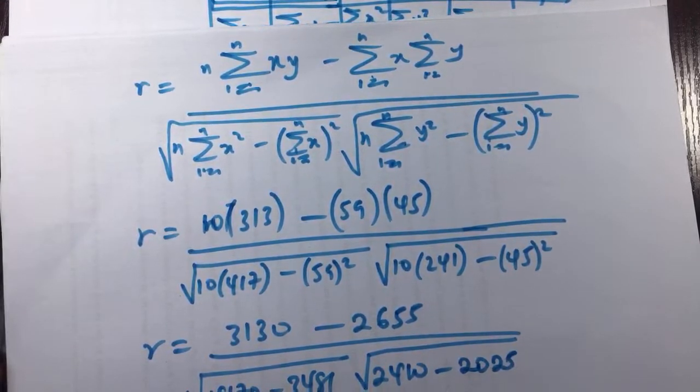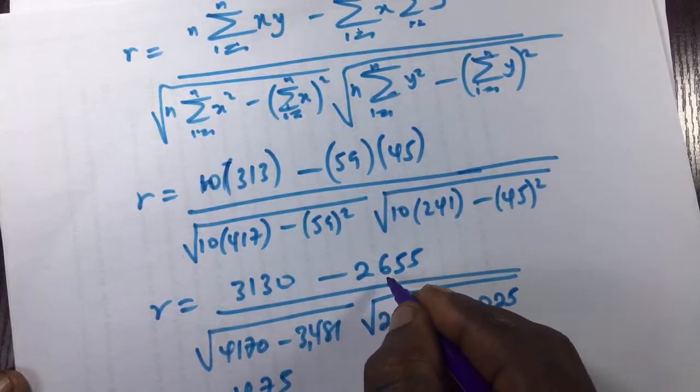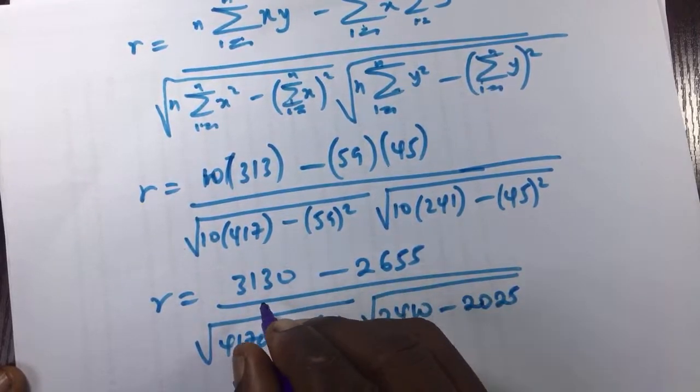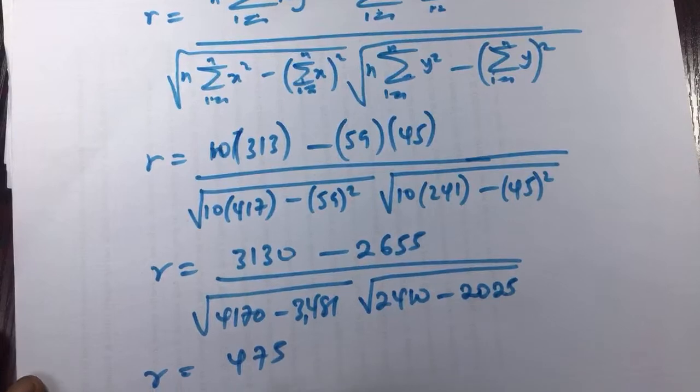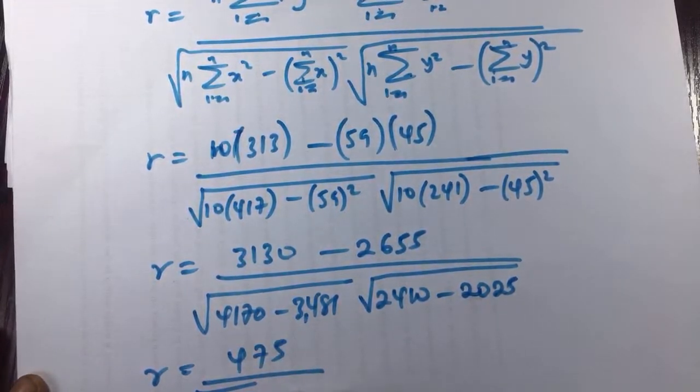2025. Okay? Now, R will end up becoming 475 when you subtract 2,655 from 3,130. When you subtract that, you are going to have this as your numerator. And when you subtract this from this, you end up having 689 times.